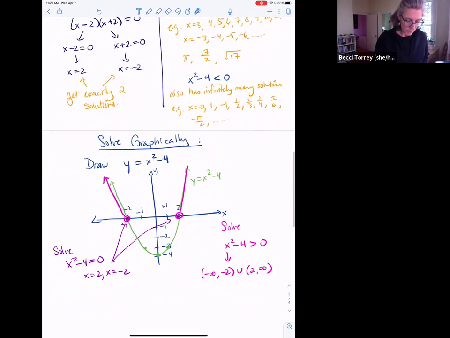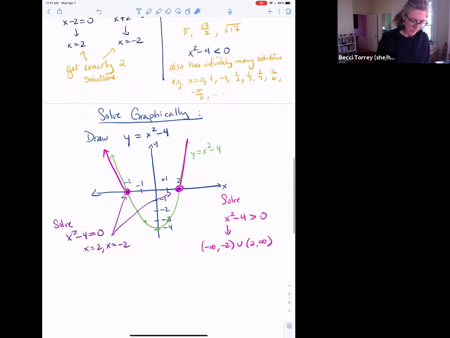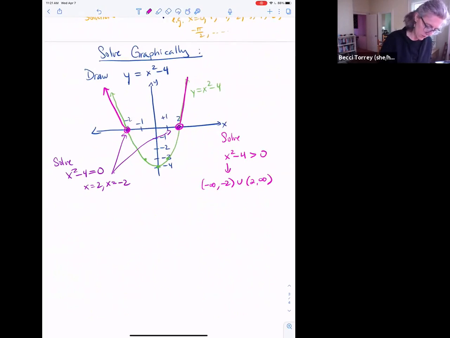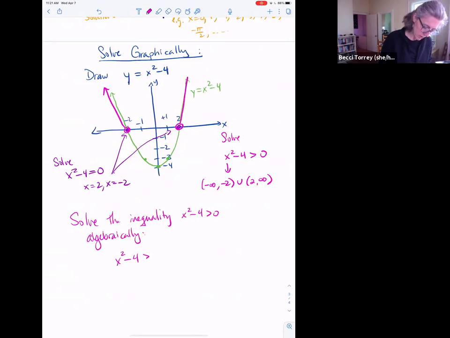We can also solve this inequality algebraically. So we can also solve the inequality x squared minus 4 greater than 0 algebraically. So we have x squared minus 4 is bigger than 0.